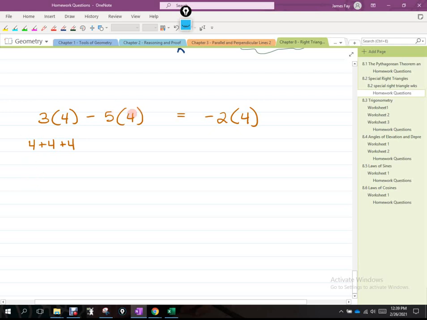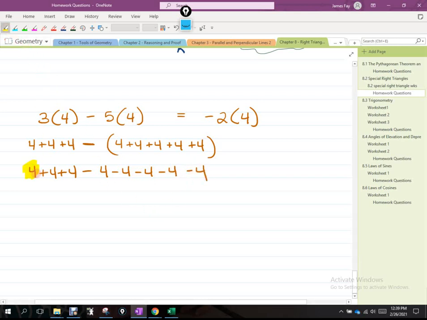The 5 times 4 means 4 plus 4 plus 4 plus 4 plus 4, right? Now, because it's minus, these all become minus signs, right? So now it's 4 plus 4 plus 4 minus 4 minus 4 minus 4 minus 4 minus 4, right?